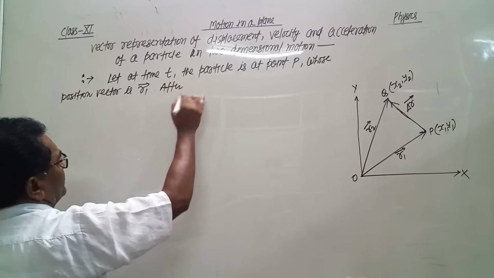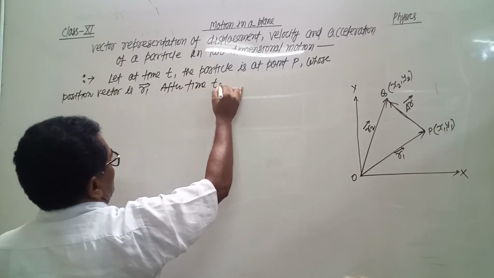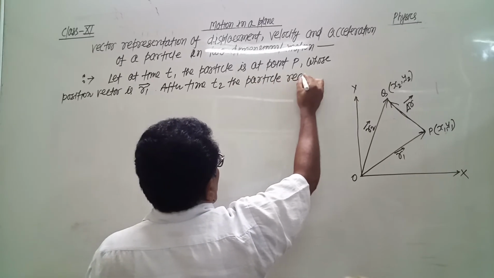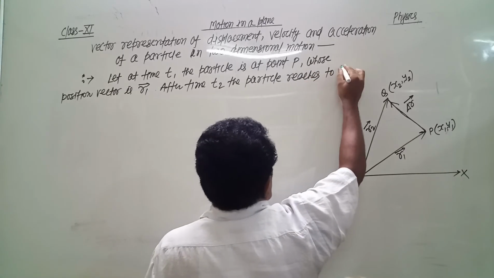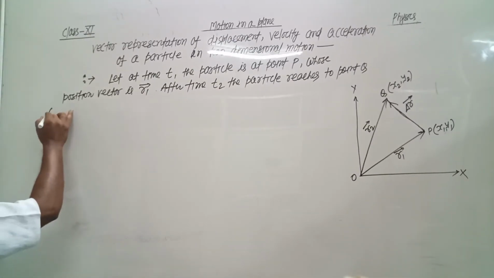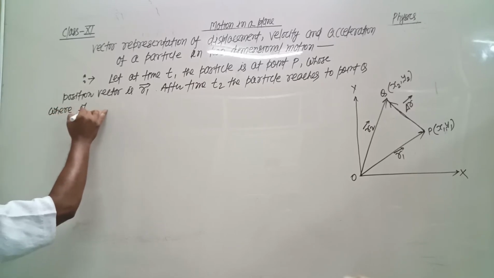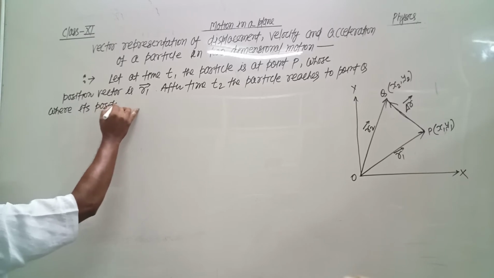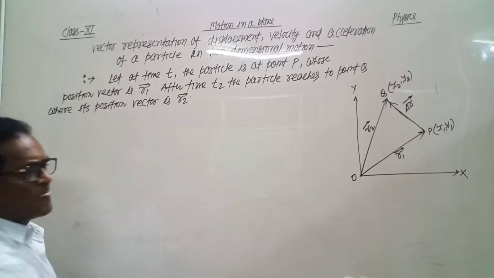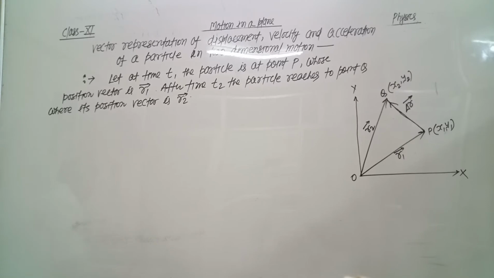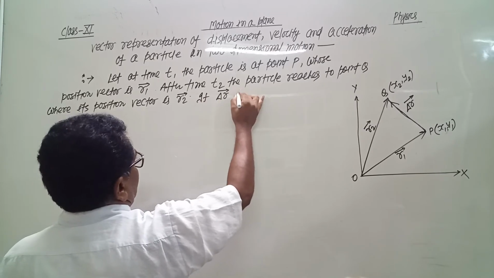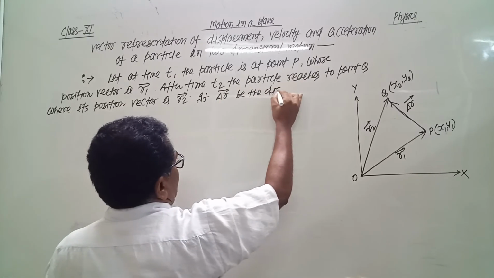After time t2 the particle reaches point Q where its position vector is r2, and delta r is the displacement vector.